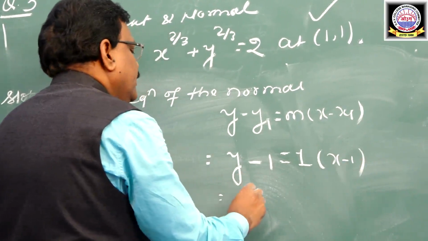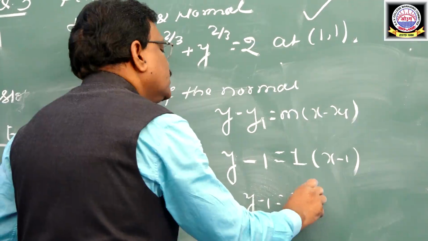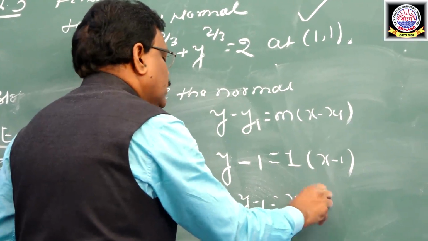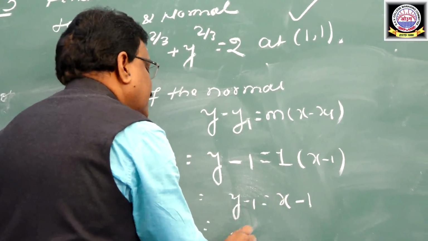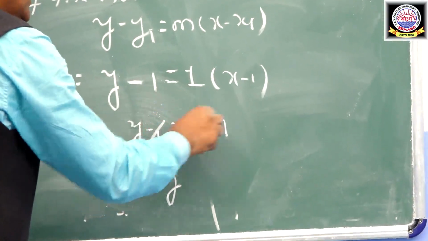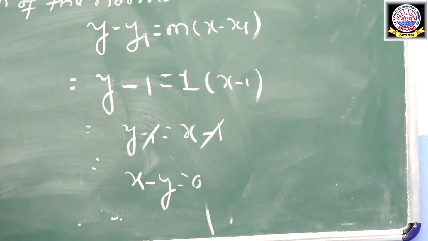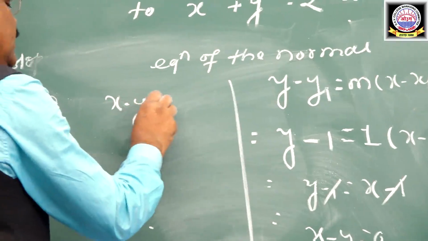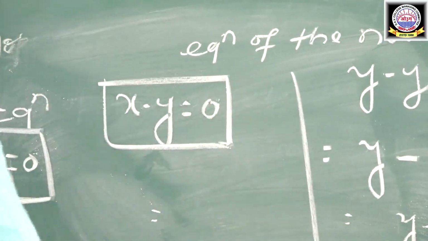So it is coming y minus 1 is equal to 1 into x minus 1, that is coming x minus 1, and the minus 1 and minus 1 cancel, is equal to 0. That is x minus y is equal to 0. This is the equation of the normal.